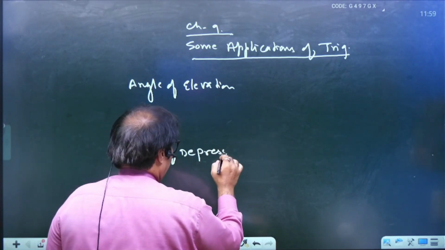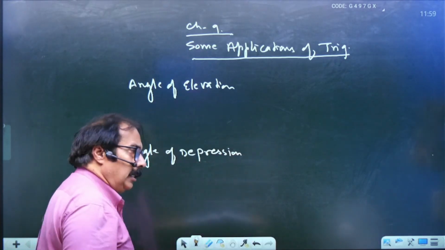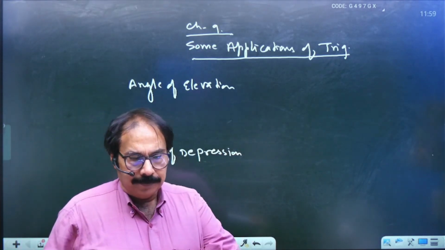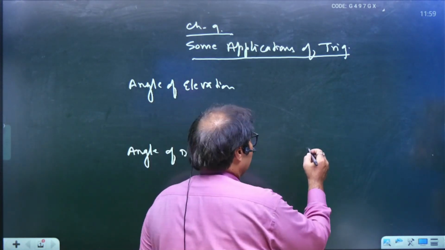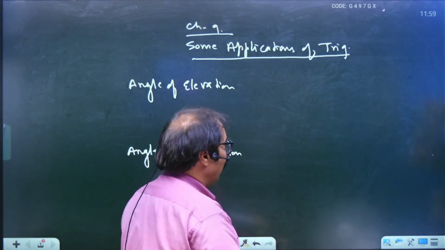Angle of elevation means when the object is above the eye level.